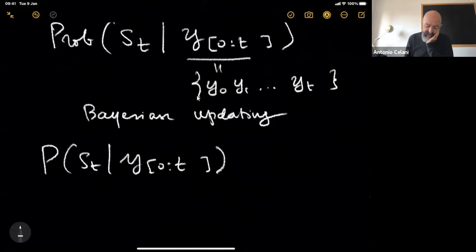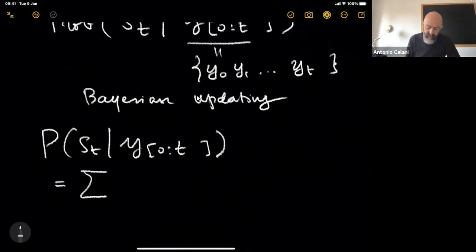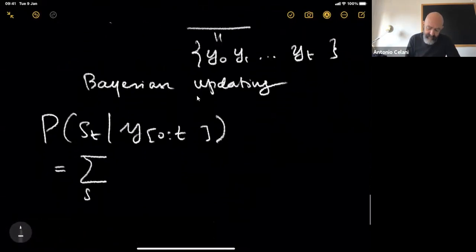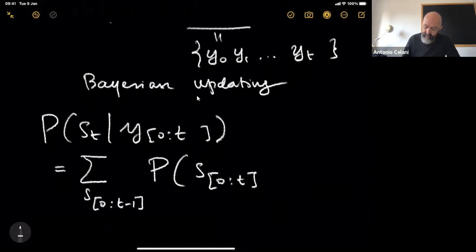Okay, just by definition, this is also, if I marginalize over all the possible states up to time t-1, so I sum over all the sequences over all possible previous states of the probability of the sequence from 0 to t given the observations from 0 to t.